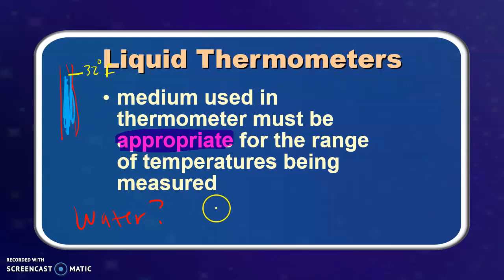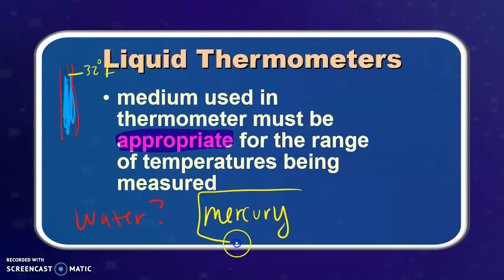That's why instead we commonly use mercury. It's a very commonly used material whenever we produce liquid thermometers. Since mercury freezes at negative 39 degrees Celsius, my bad, mercury thermometers cannot be used to measure temperatures at or below that point.